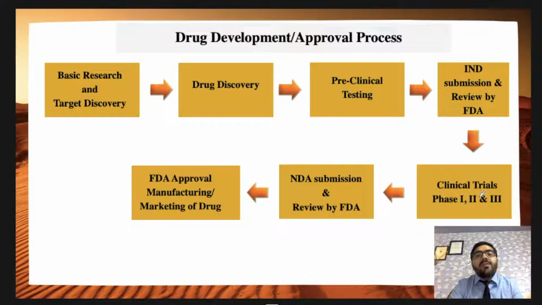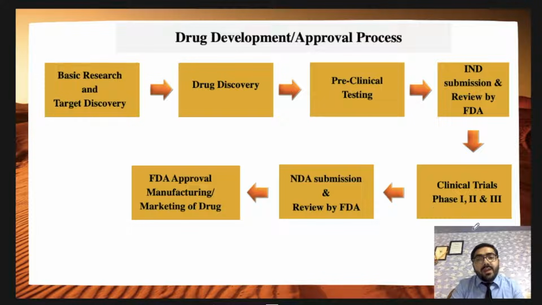Then there will be phase 3. It is conducted on a larger population for determining the long term efficacy of a drug product. And then there will be the phase 4 trial, which is also called post marketing authorization. It is also conducted to determine the safety and efficacy of a drug product.